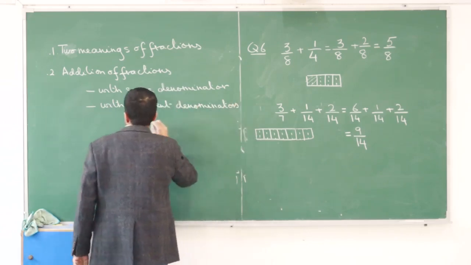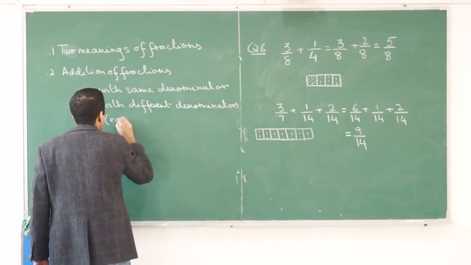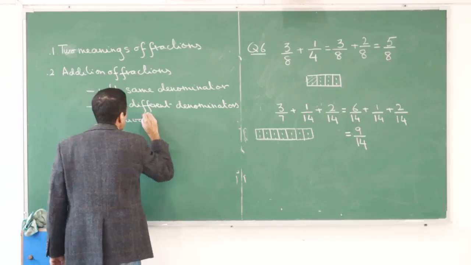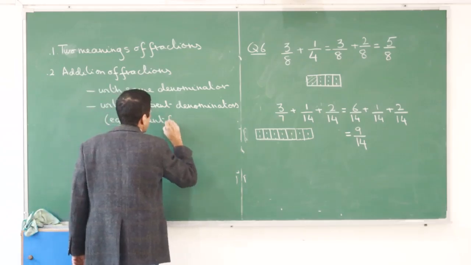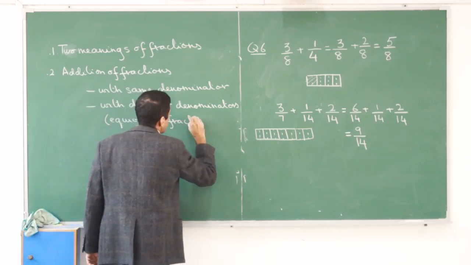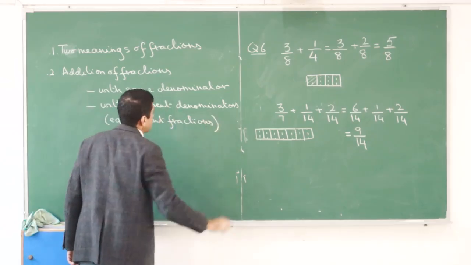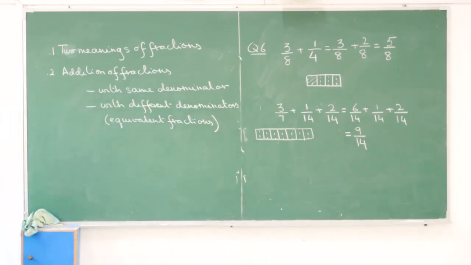And while we were doing this, we learnt about what equivalent fractions were. And remember, equivalent fractions are just different names of the same object or the same number. So that's what we did.